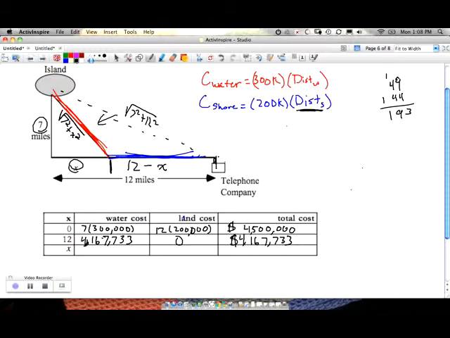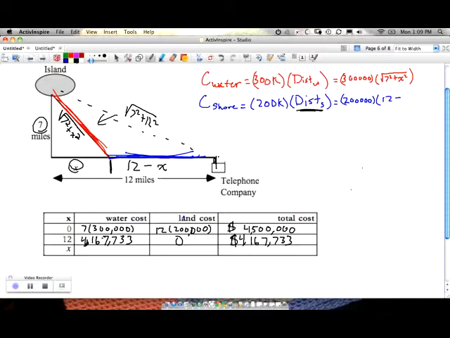We're going to make some more space over here. Erase these pieces. So the red is going to be 300,000 times the distance under the water, which is the square root of 7 squared plus x squared. And then for the other piece, that's going to be 200,000 again, times 12 minus x.